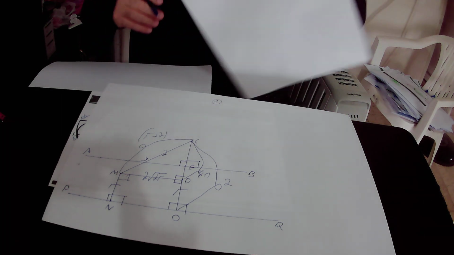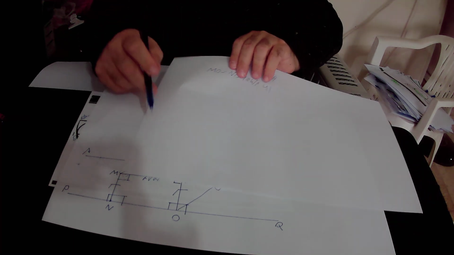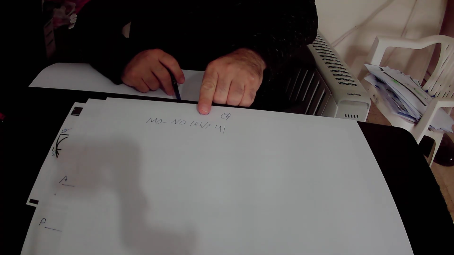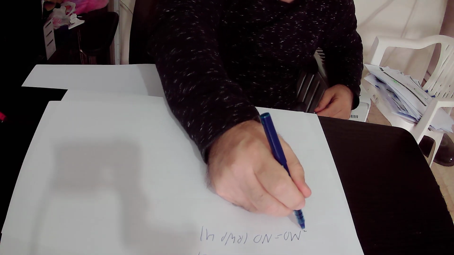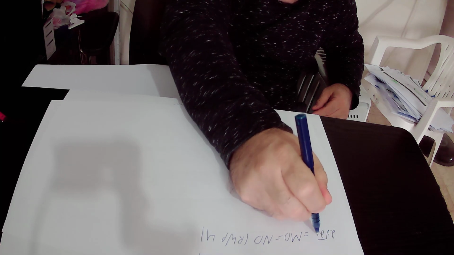I will repeat again. In the rectangle, MD equals NO according to rule number 4, that the opposite sides of a rectangle are equal to each other. But we have already found out that MD equals 2 times the square root of 2R.